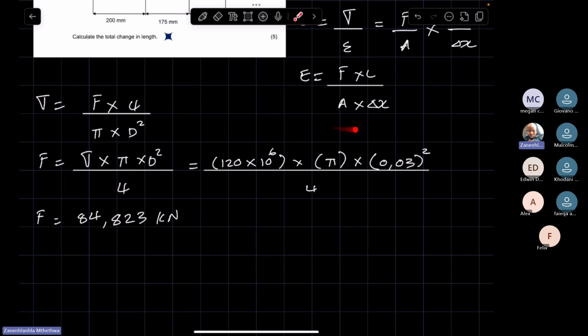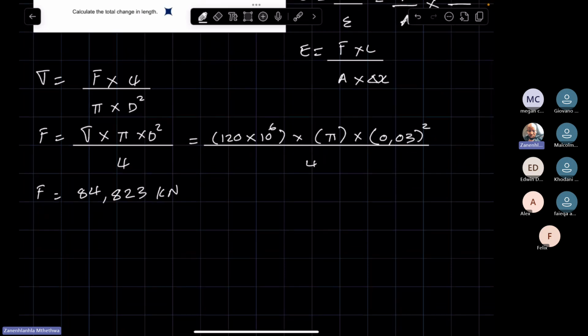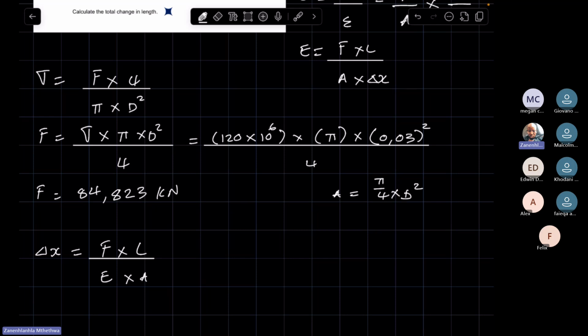So making x the subject of this formula, change in x is equal to force times length divided by E times the area, bearing in mind that the area is equal to pi over 4 times d squared.